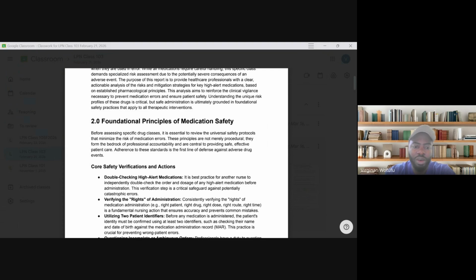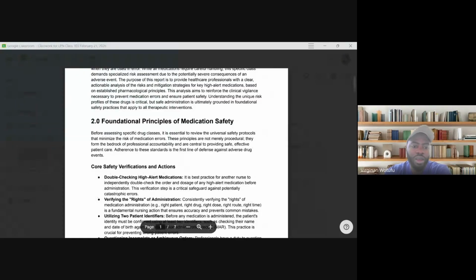It's one of the core safety verifications and actions in handling high alert medications. As well, you verify the rights of administration, like the 5 R's: right patient, right drug, right dose, right route, right time. You should never forget that.